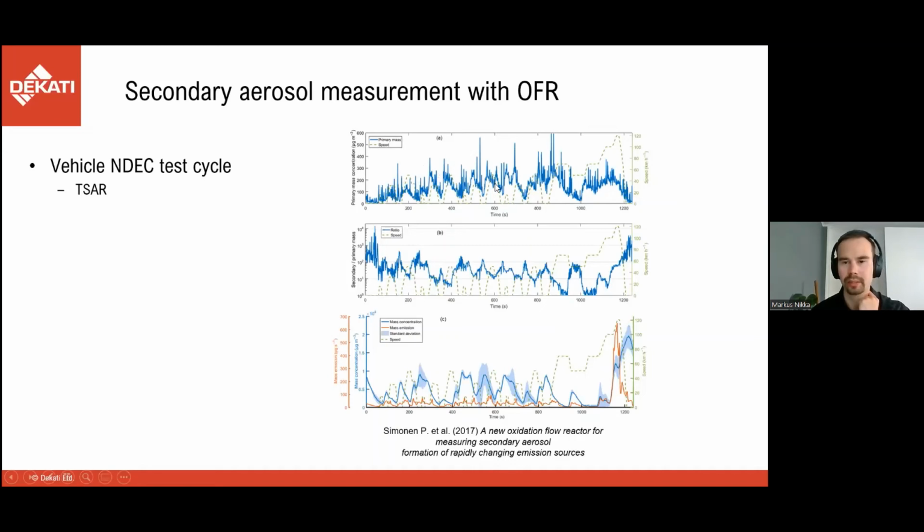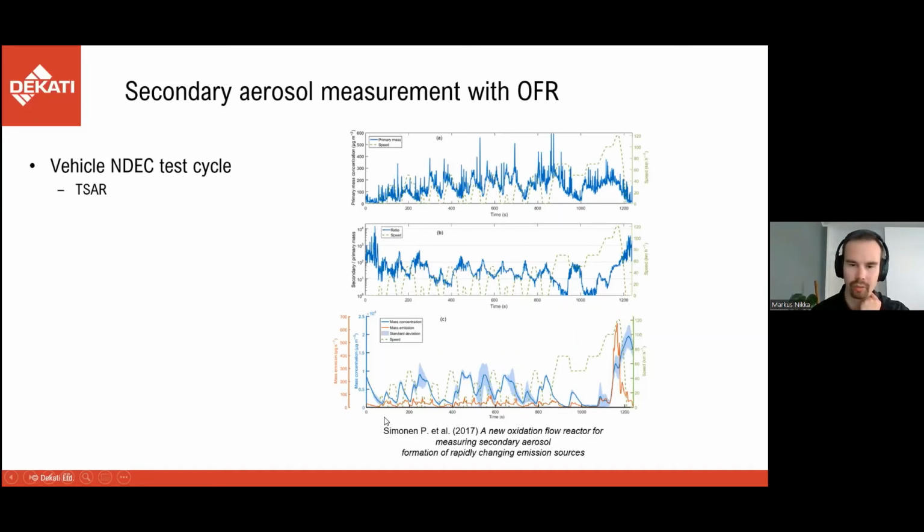We see some nice correlation here. If we look at the secondary mass compared to the primary mass, similarly as in the previous slide, we see that the values are roughly again 100 times more. So we have 100 times more secondary mass compared to the primary mass.